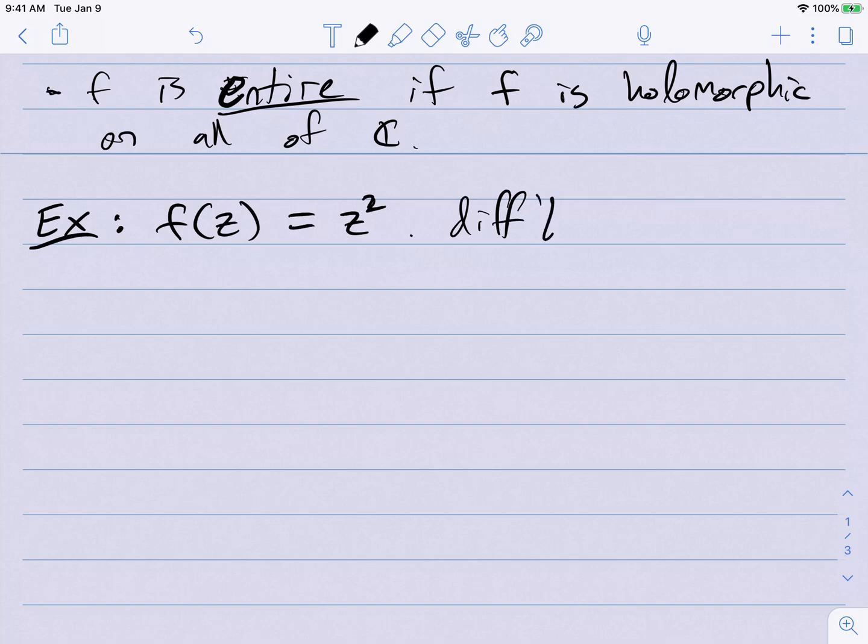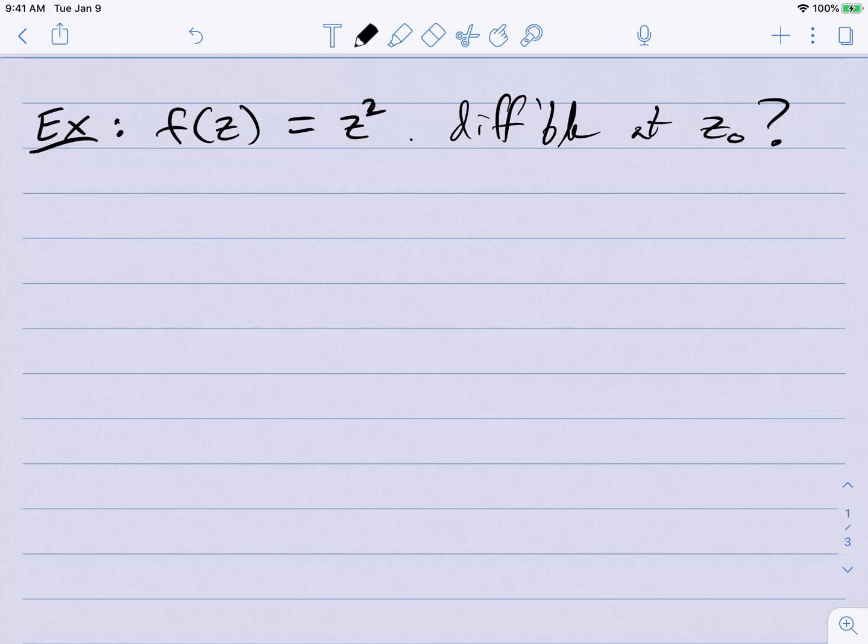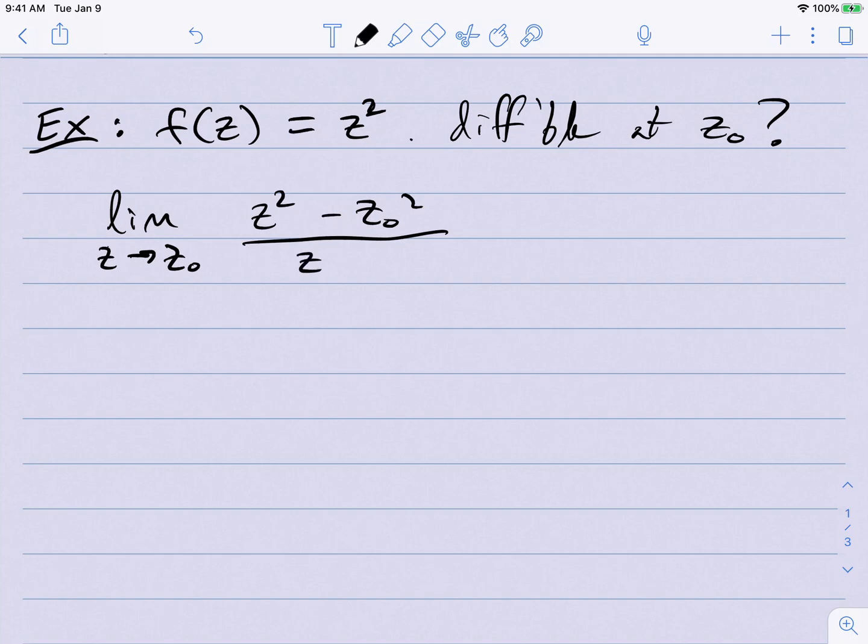So hopefully this is going to be differentiable, because this is almost the simplest function I can come up with. So let's check. Is this differentiable at some z naught? Okay, so the definition of the derivative at z naught is the limit as z goes to z naught of z squared minus z naught squared over z minus z naught.